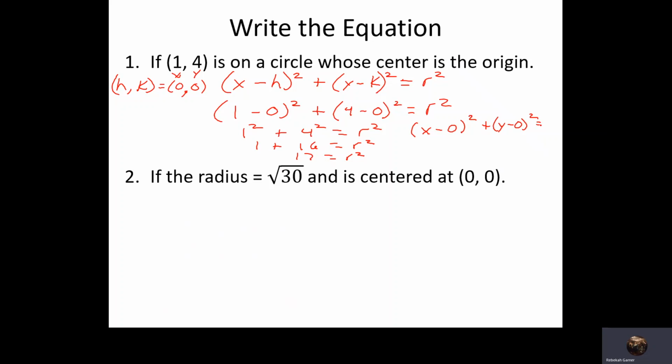Not there. If it was asking for the radius, I would have to. But what am I putting in my formula? R squared. That's why I didn't go one more step. We're just gonna plug this 17 in for R squared. Subtract the zeros, so we just get X squared plus Y squared equals 17. That's it. So we wrote that equation.